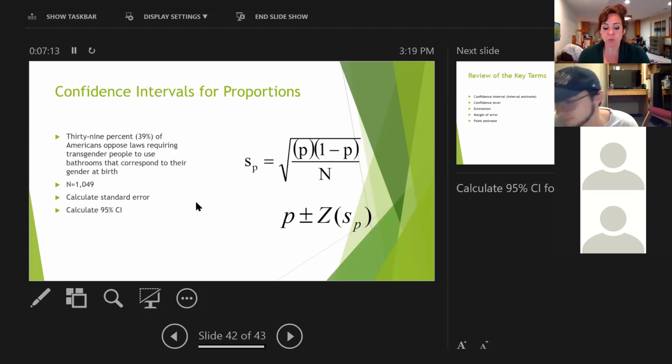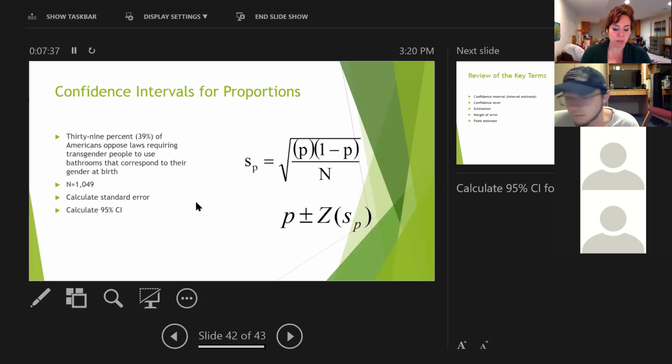Okay. So I would write 0.39, and I'm going to do a little times, in parentheses, I'm going to write 1 minus 0.39. You take the proportion and the inverse of the proportion. Mathematically, this is what we're doing when we're dealing with proportions. So let's figure out, what is that number?